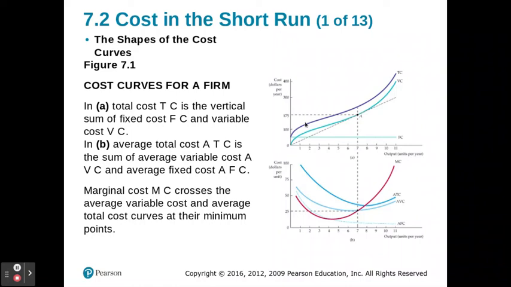So it's always increasing. It's just in the beginning, the slope is getting flatter and flatter, and then steeper and steeper. The variable cost curve has the exact same shape, and the vertical distance between the two curves is constant. The vertical distance between the two is the fixed cost.